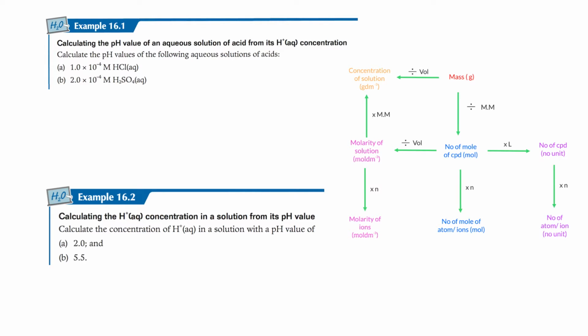Calculate the pH value of an aqueous solution of the acid from its H plus concentration. So we are going to calculate the pH. Part A is pretty easy, because you have the molarity, and that will be HCl. But remember, in the equation we are going to find the negative log of H plus only. We are not talking about HCl. So actually you have to go down to this level.